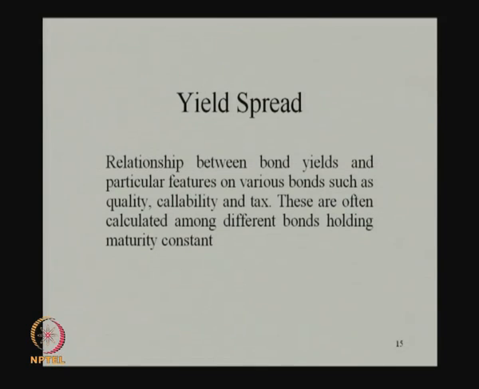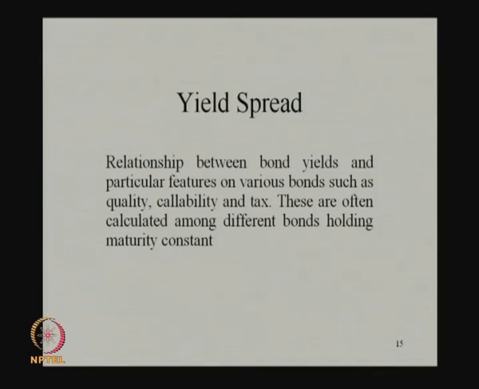Then we have the yield spread. Already I told you that it talks about the relationship between bond yields and the particular features of various bonds, such as quality, callability and tax. These are often calculated among different bonds holding maturity constant. In the second question, I told you that keeping maturity constant, why are the returns different?